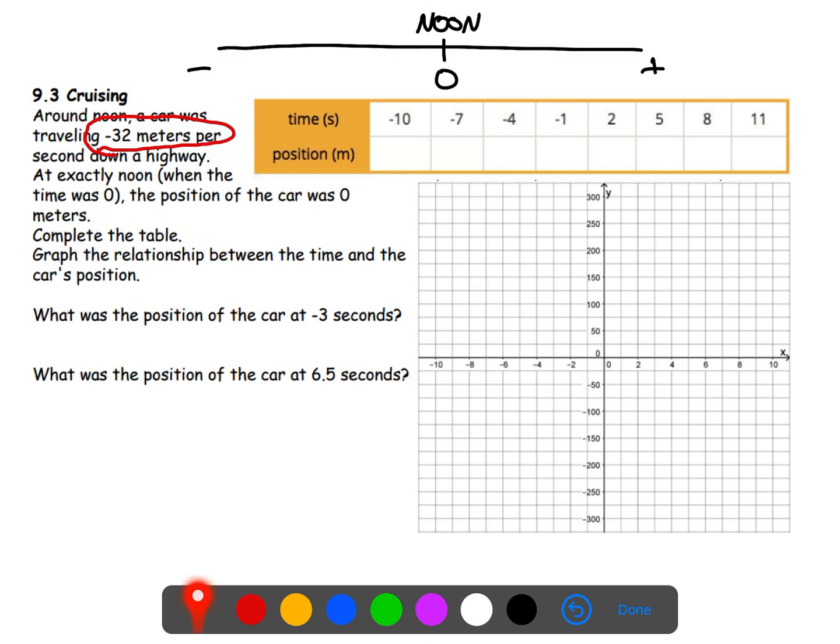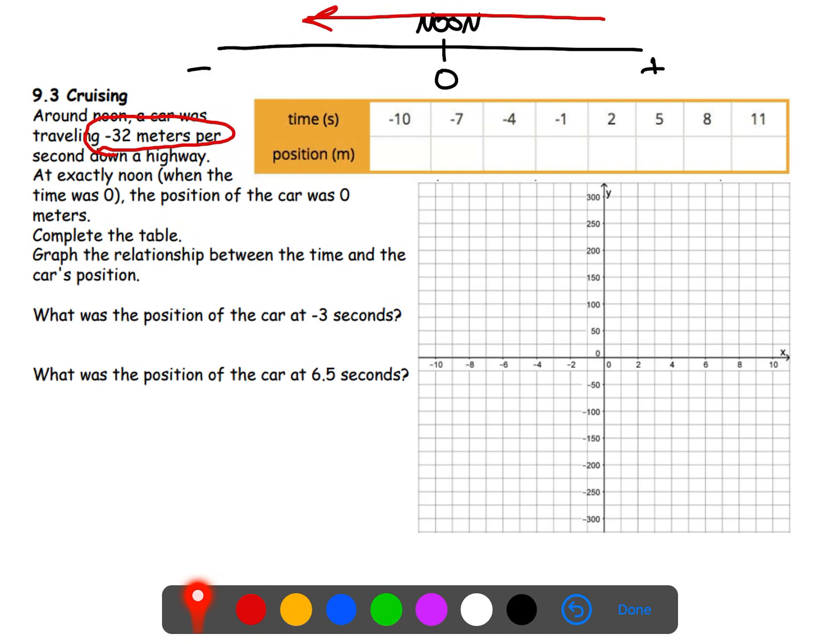Now, I think it might be easier to fill in the positive times here, but let's remember it says the car is traveling negative 32 meters, so the car is traveling this direction. All right? And if we go 2 seconds, positive 2 seconds, that's 2 seconds after passing this 0 position here. So it's gone negative 32 meters in 1 second, and another negative 32 meters in 2 seconds.